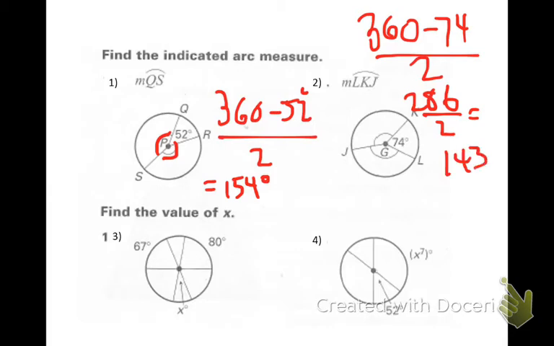So, and we have to find LKJ. We know this is 143, so there's an additional step here. We have to add the 74 and the 143. So we take 143 plus 74, and we get 217. 217 would be that angle.